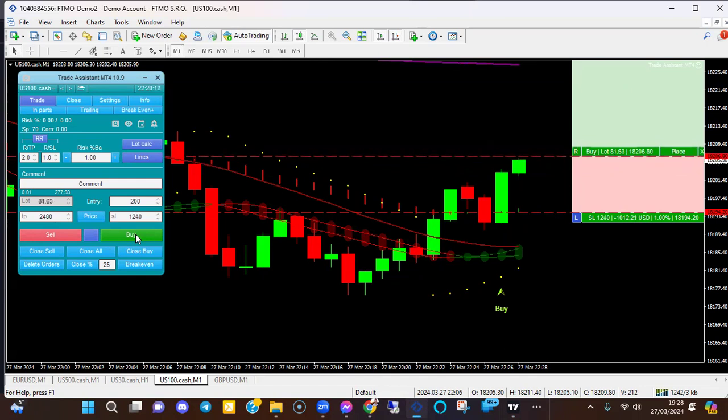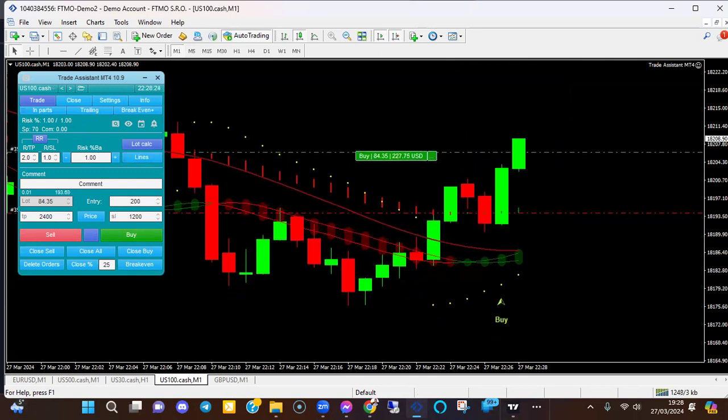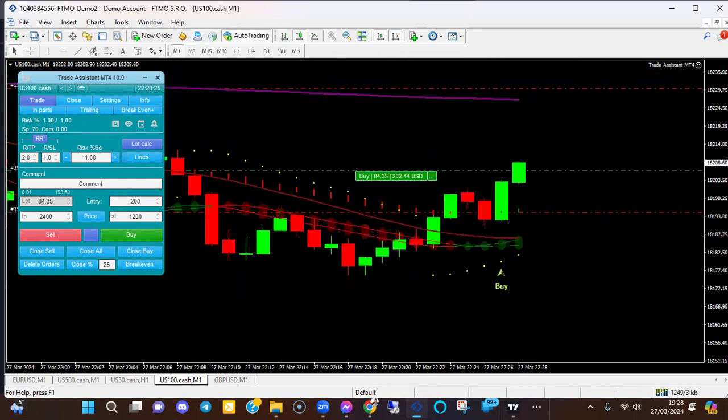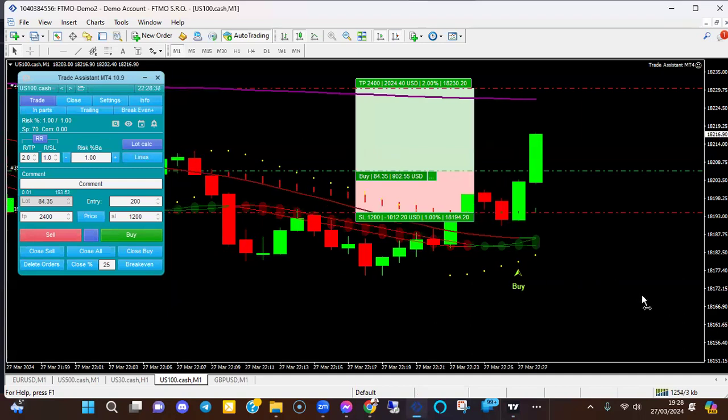Seeing quite a bit of volume, so I'm going to go for buy. I don't want to let it go too far away. My take profit is slightly above the purple line, which is a bit of a concern.